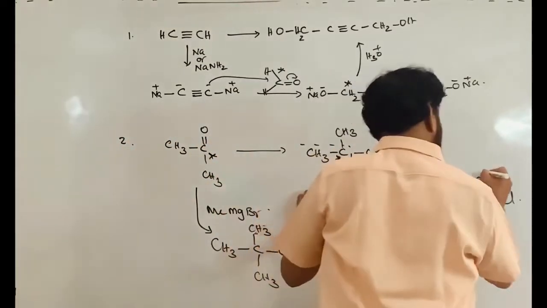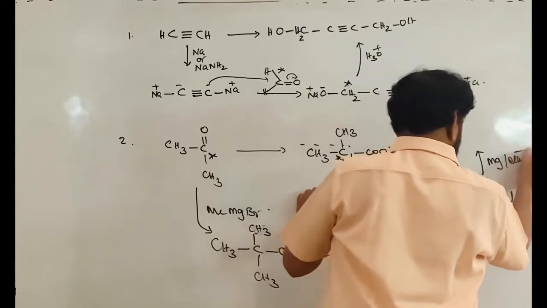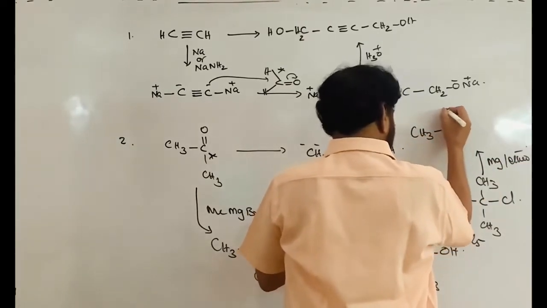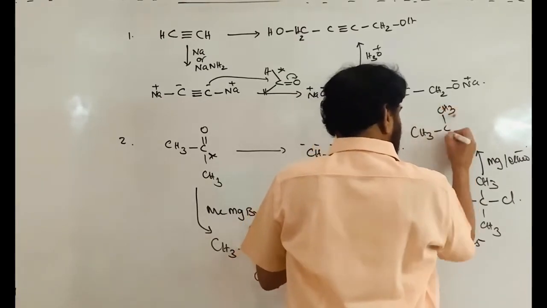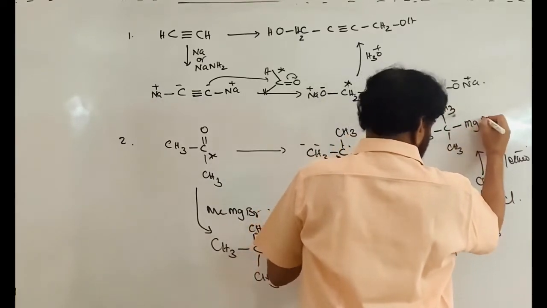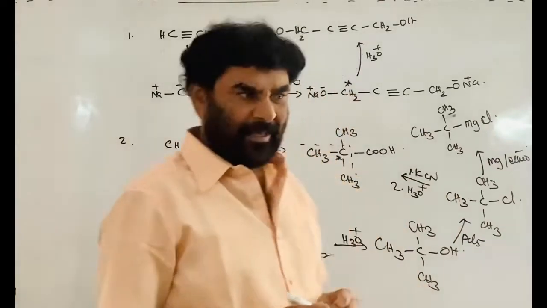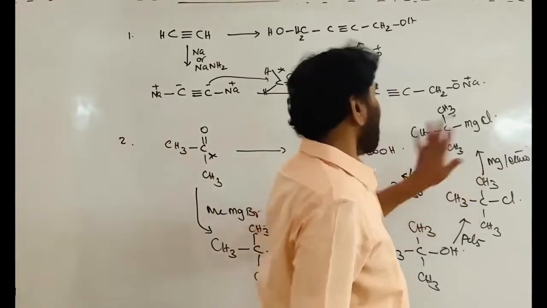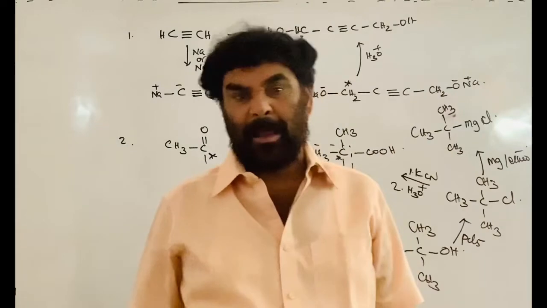So now treat with magnesium in ether, Grignard reagent preparation. CH3 MgBr, or MgCl, is formed. Normally we use the word Grignard reagent in the form of bromide. The corresponding Grignard reagent is formed. Starting from the Grignard reagent, we can prepare the carboxylic acid.